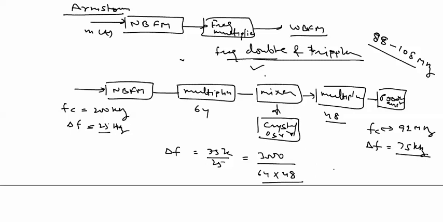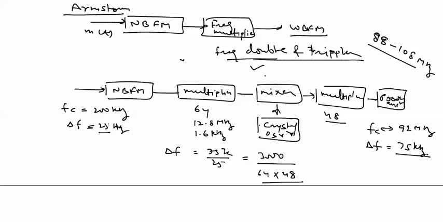First, with the first multiplication, we multiply the complete quantity by 64. Now it is converted into 12.8 megahertz, and the deviation is converted into 1.6 kilohertz. After that, we use a mixer. Why do we use a mixer here?